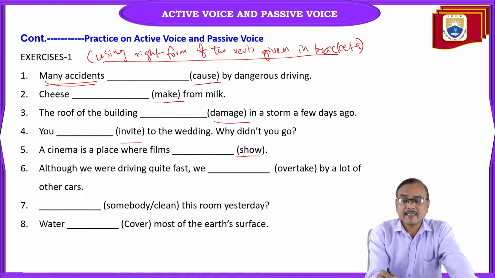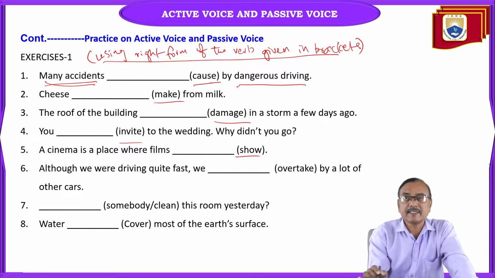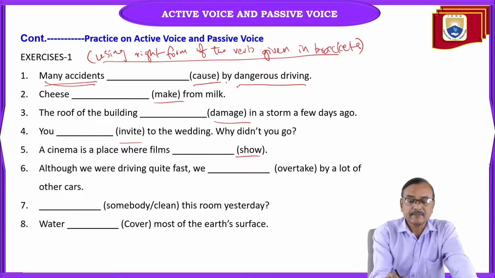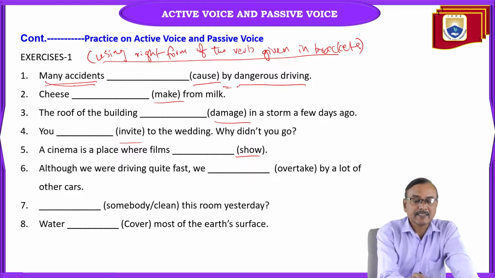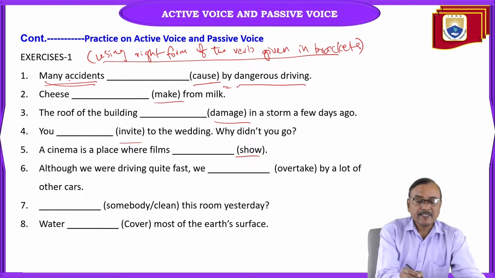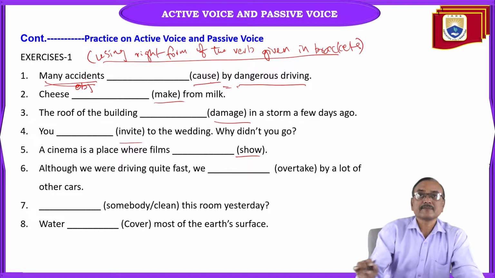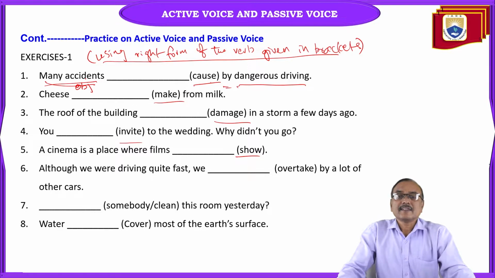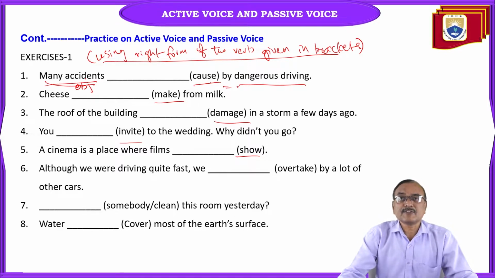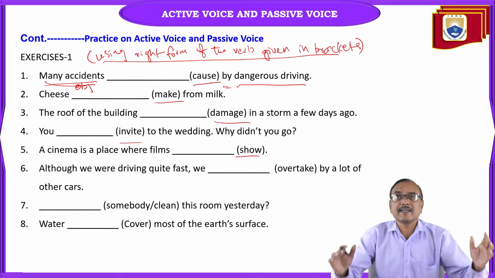What is the subject here? Dangerous driving is the subject. Here it is preceded by. So many accidents is the object. And then check whether it is future, or past, or a truth.